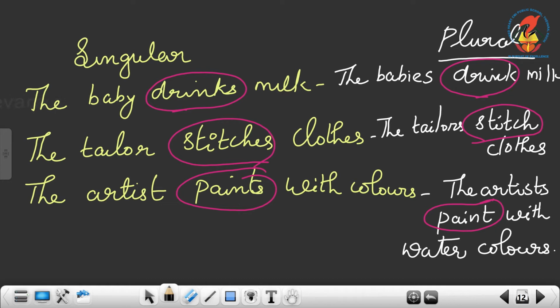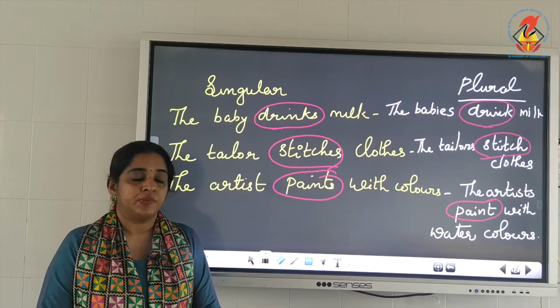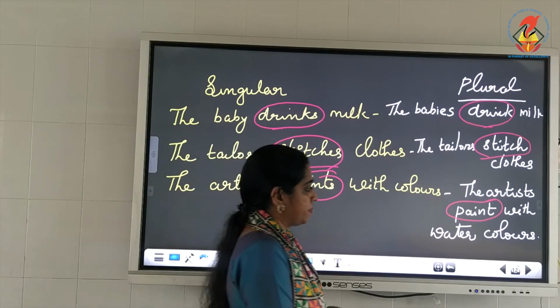The artist is singular, one person. So I am using singular form of the verb with S, paints. Paints with colors. The same thing, the artists, plural. The subject is plural, paint. I am using the verb paint with water colors. Okay, now the next topic.